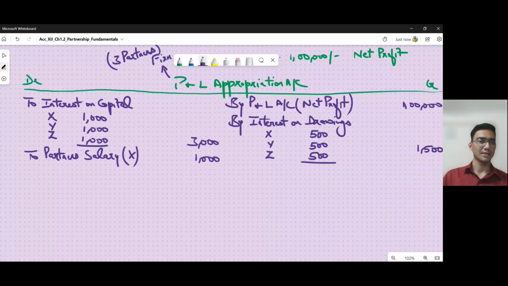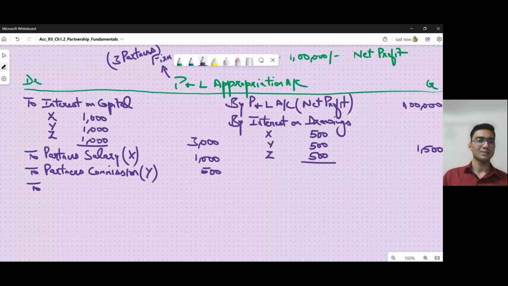So we'll write it on the debit side. Next item, let's say we're giving commission. So partner's commission. Which partner are we giving commission to? Let's say we, in our partnership deed, agreed to give Y a commission of say 500.